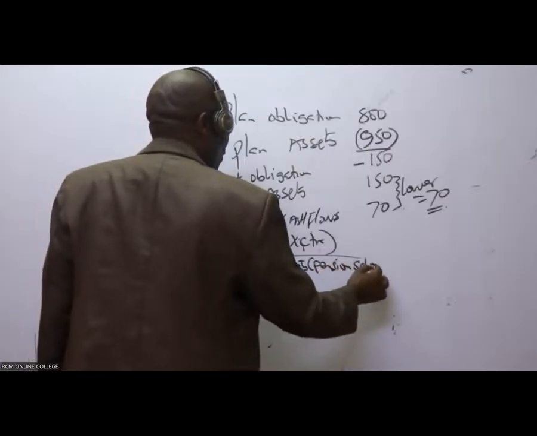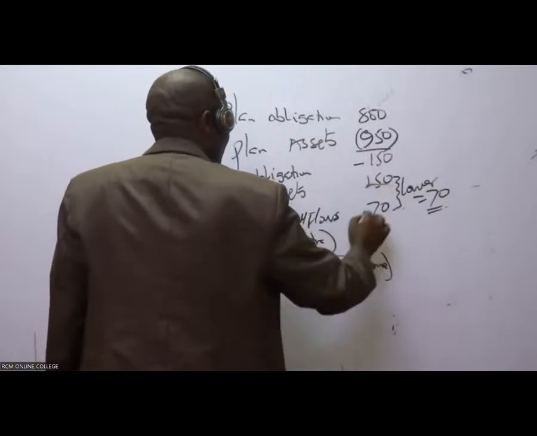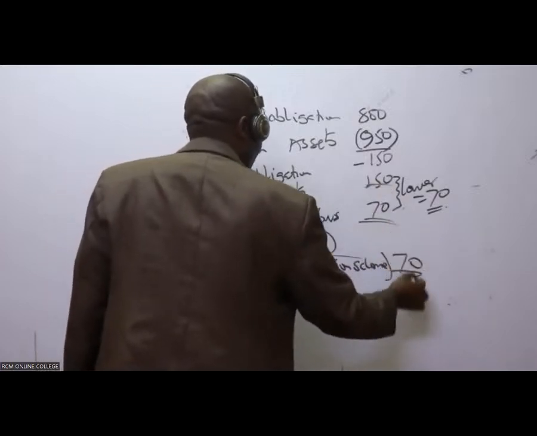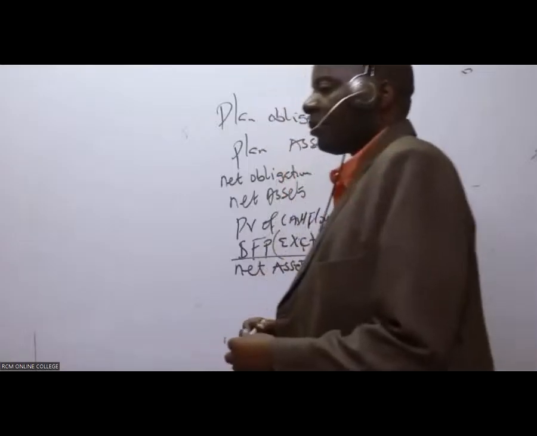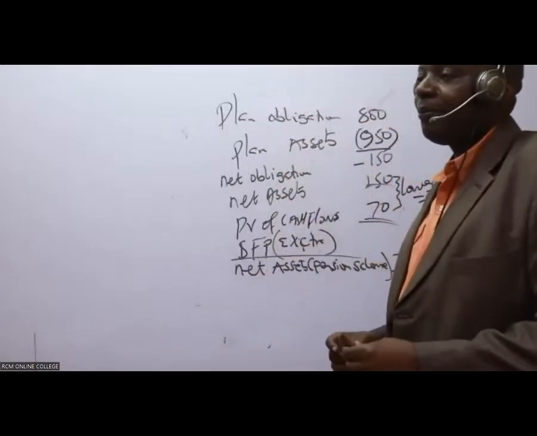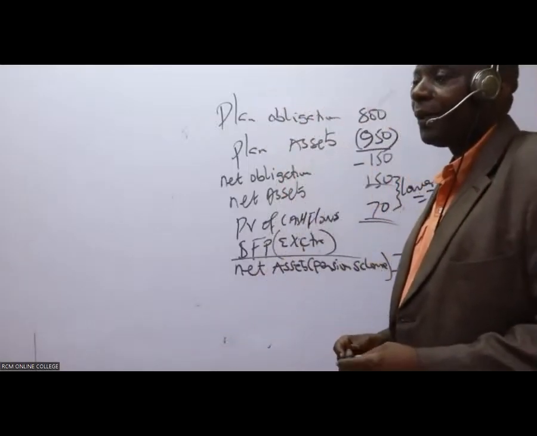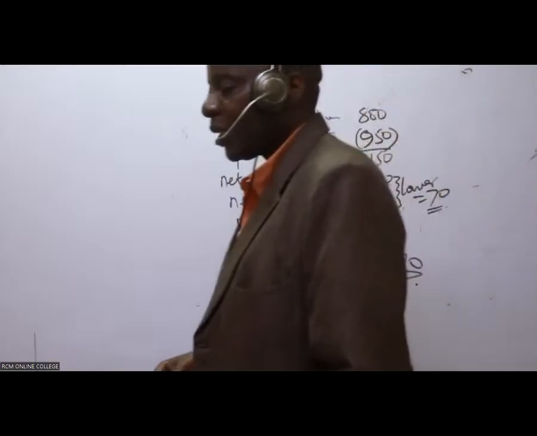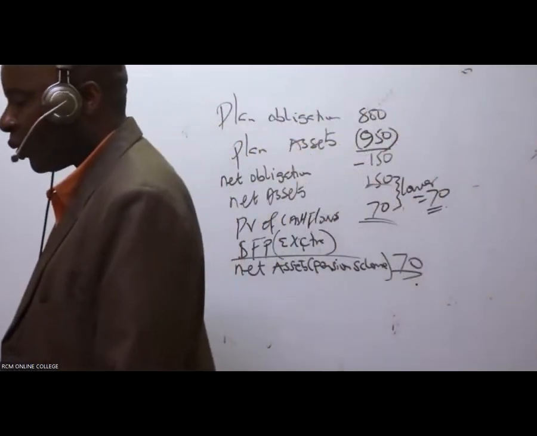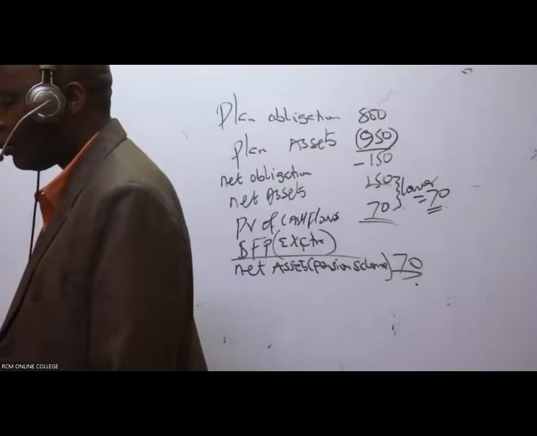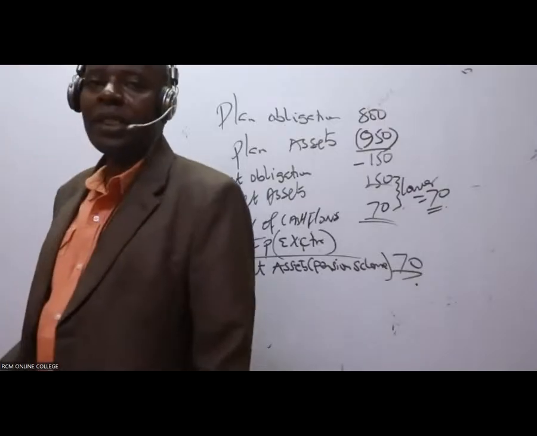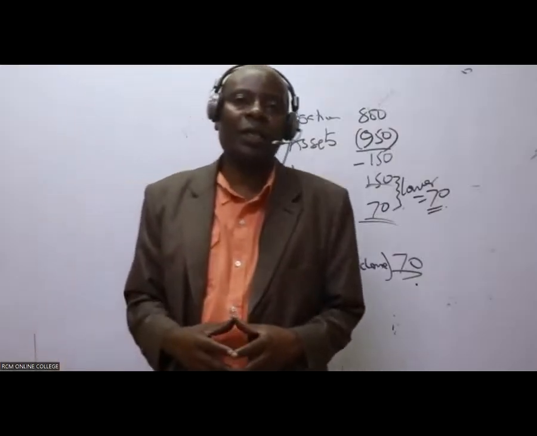Now you can't book 150 because there's a ceiling of 70. That's what you book there. There is a ceiling of 70. So that's what you book there, and that is it.